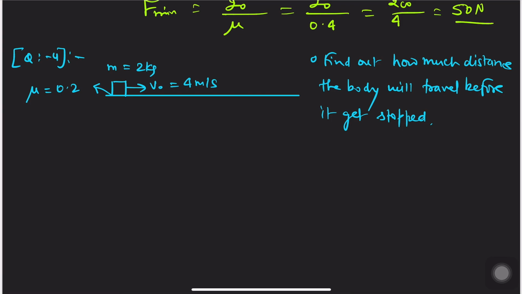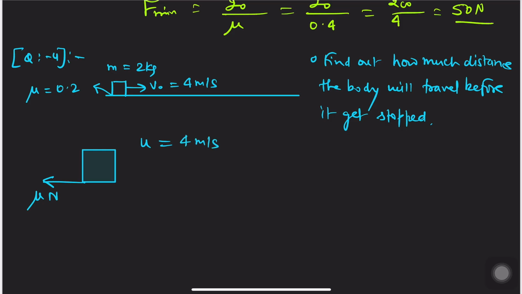So if kinetic friction is going to act on the body, there is a friction of mu N in this direction. The initial velocity of the system is given as 4 meter per second.